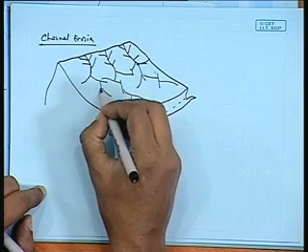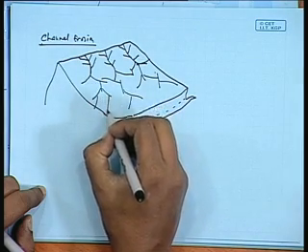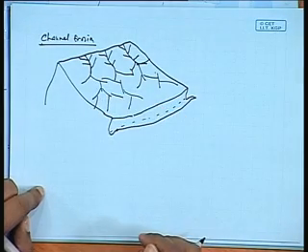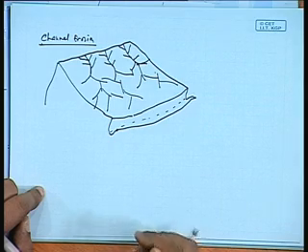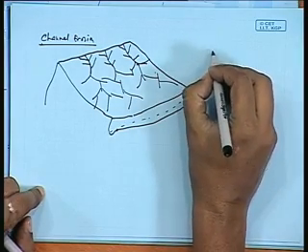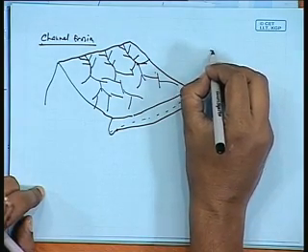So you can see they would begin to form. This is called channel erosion, through which small channels like this would form.